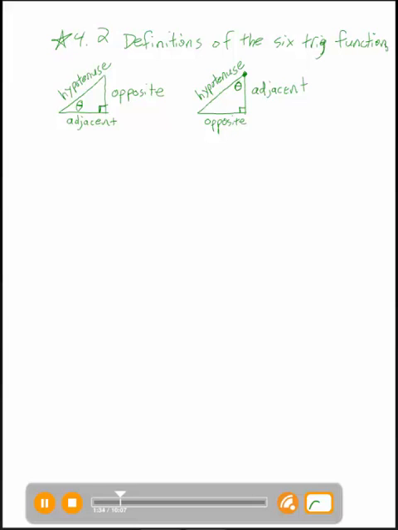So the opposite side and the adjacent side depend on which acute angle you're considering. So you just got to be very careful in problems that you're clearly marking the theta that you're looking at, because that determines which is the opposite side and which is the adjacent side.